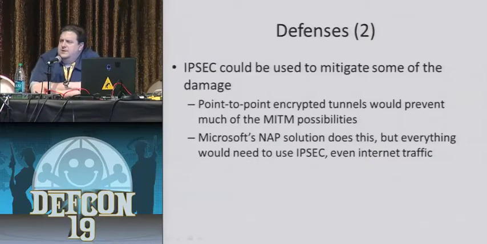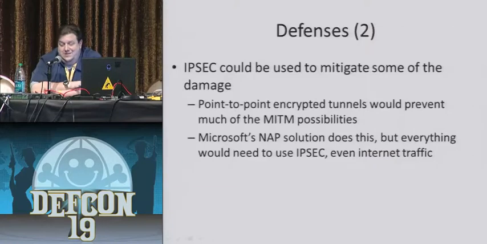IPsec could be used to mitigate some of the man-in-the-middle issues. Microsoft's NAP solution basically establishes on top of 802.1x IPsec tunnels point to point between all of the clients and servers. So you wouldn't be able to man in the middle easily any of that.